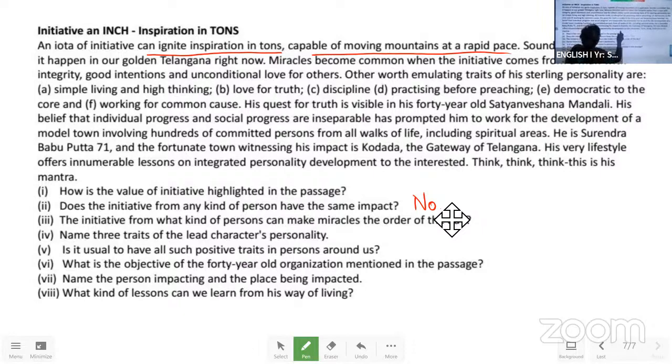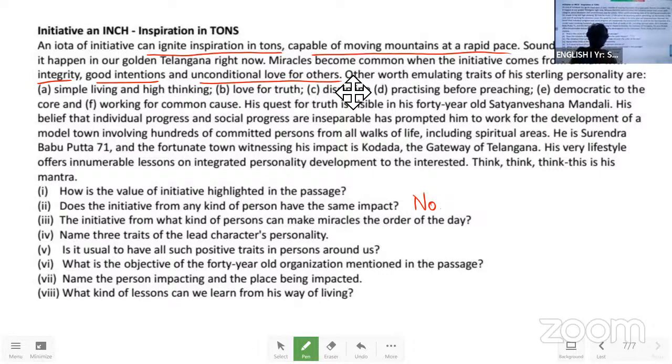A man having integrity, good intentions, and unconditional love for others. Integrity, where you are very honest, where you believe in the good of other people with good intention, and when you have love for your other mankind, only then you can have this kind of initiative.